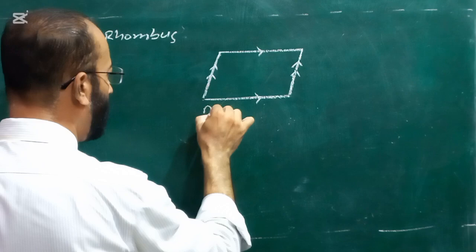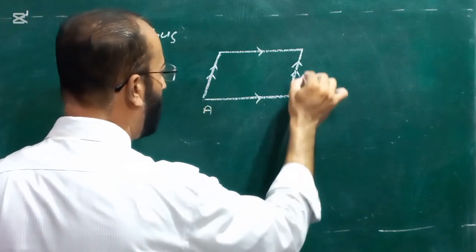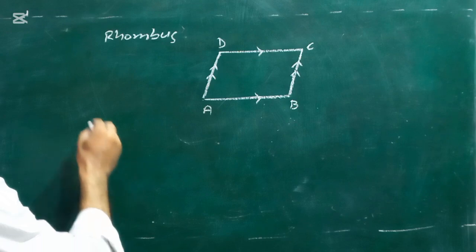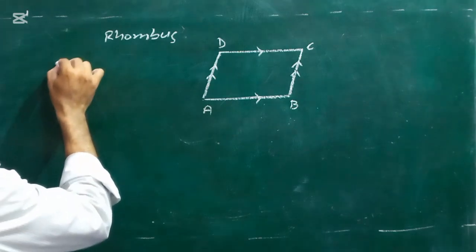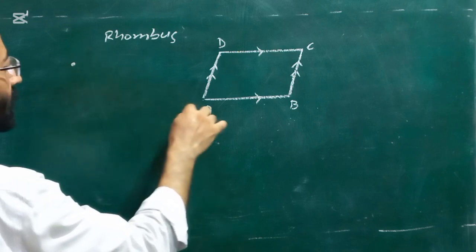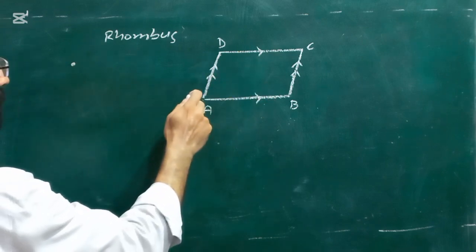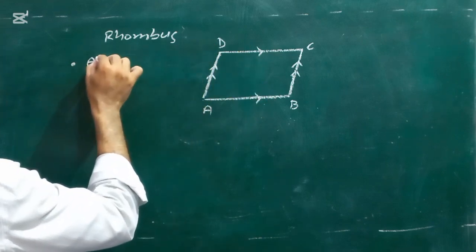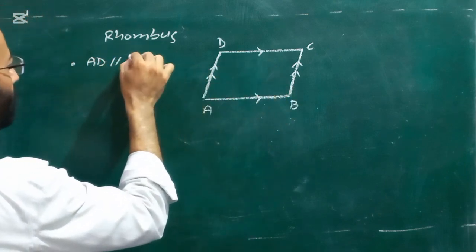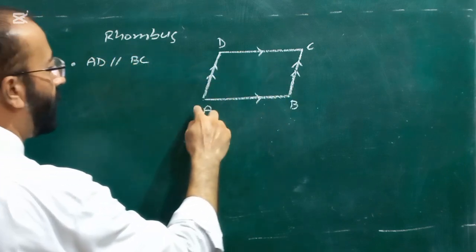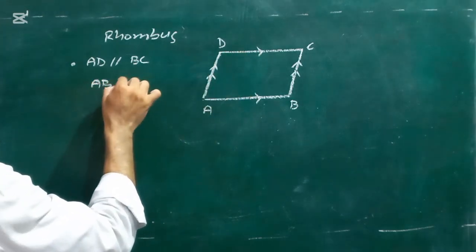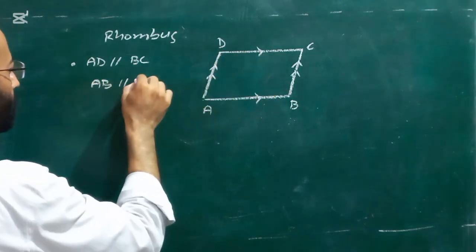So if we name the figure A, B, C, D, the first property that will be applied is opposite sides are equal and parallel. So it means AD is parallel to BC and AB is parallel to DC.